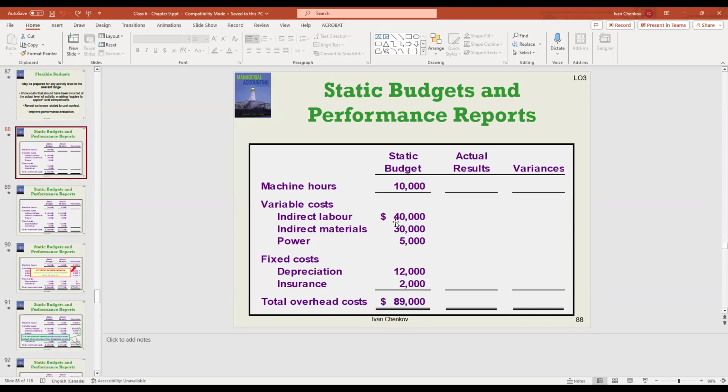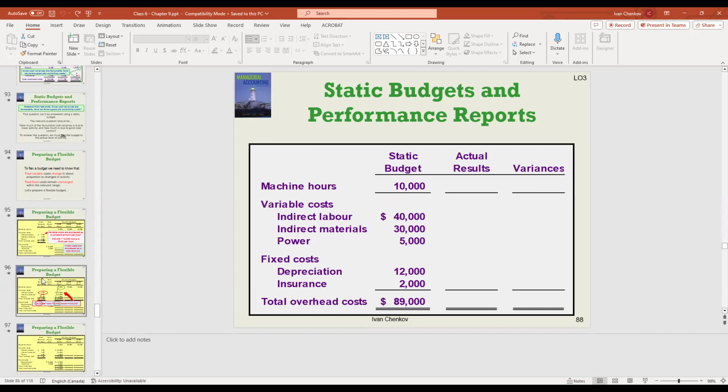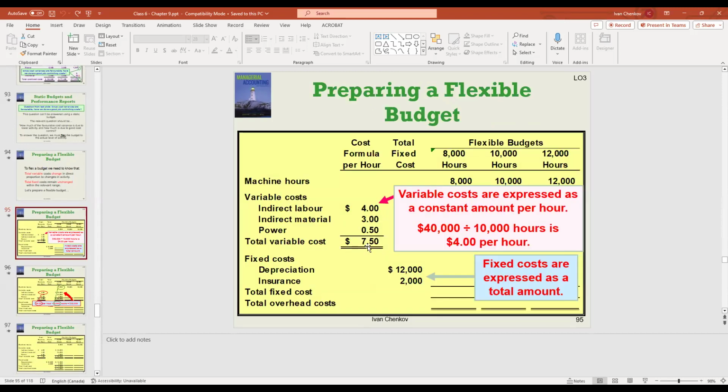If my total direct labor is $40,000 and my machine hours are 10,000, how much is it for 1 hour? $4. How about the indirect material? $3. How about the power? 50 cents. So now that I have this information, can I prepare a set of budgets for different levels of activity?